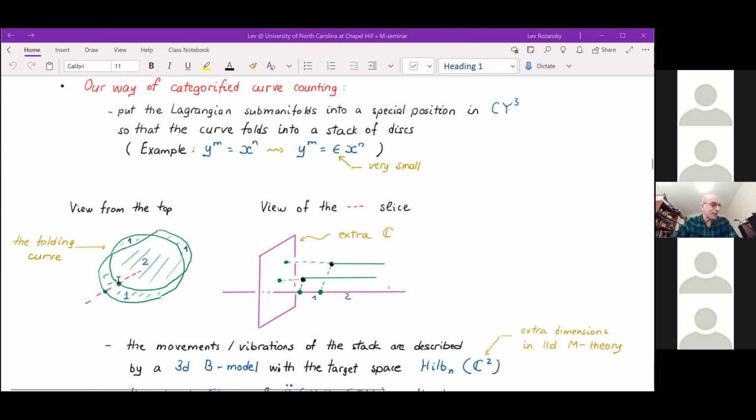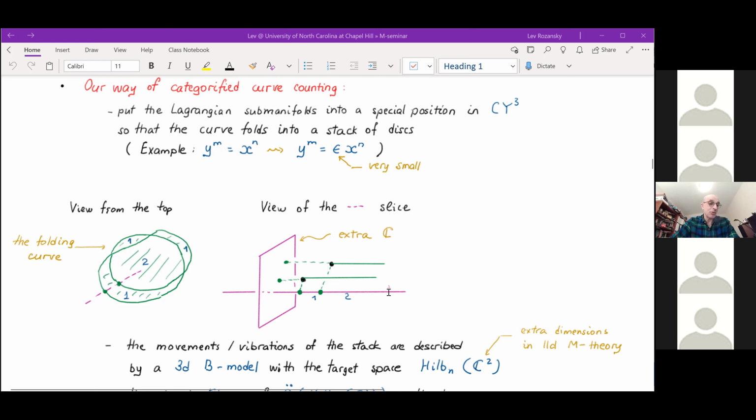So if you take a slice through this dashed purple line and add 2 more dimensions, which are not seen in the first picture, then this is what you see. The green rays are slices of these 2 disks. The C2, should it be thought of as a fiber in this O(-1)⊕O(-1)? Yes, it's a fiber over the north pole of P1. Everything flattens, and the disks are rays in this picture.